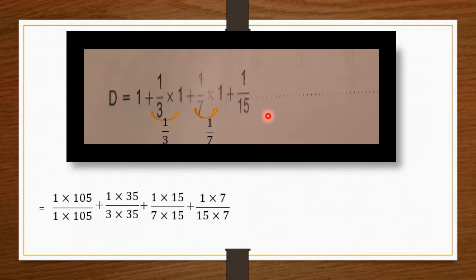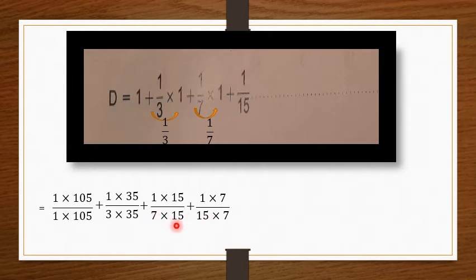Here, the least common multiple. To have the same denominator, we have 3, 7, 15. 105 is a multiple of 3, 7, and 15. Or simply, you can say here, for example, make a common denominator between 1 and 3, and the same thing between 7 and 15, and then add the two together.